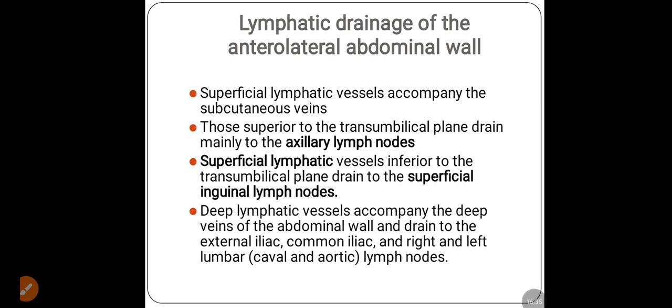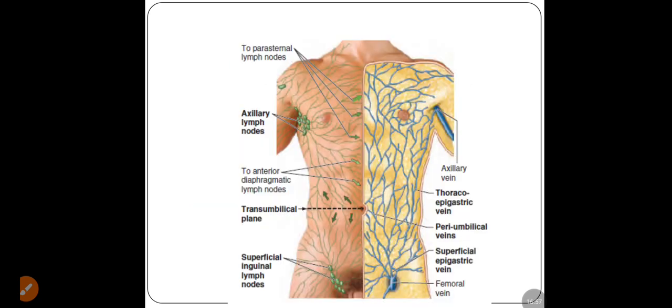The lymph below the umbilicus drains into the superficial inguinal lymph nodes. The veins drain into the great saphenous vein. Okay.